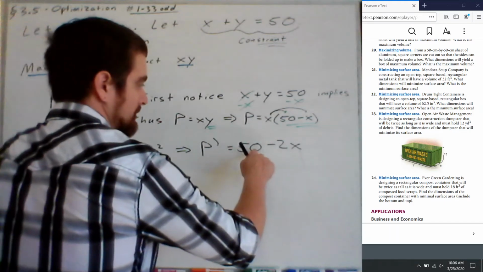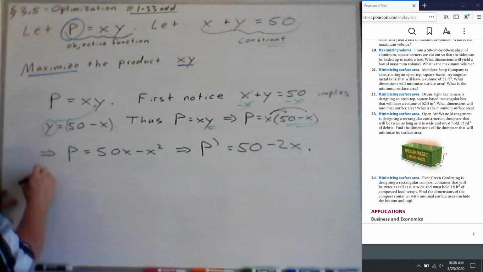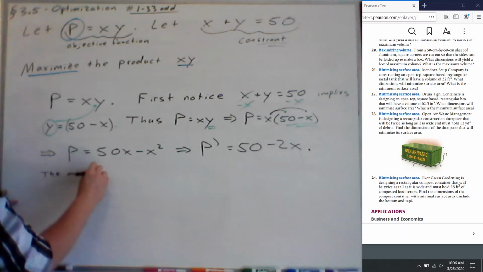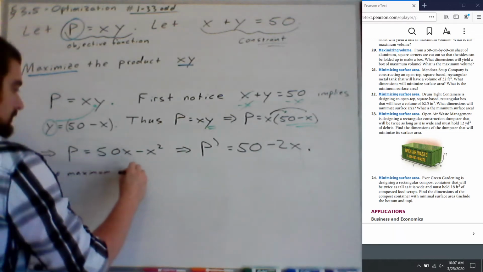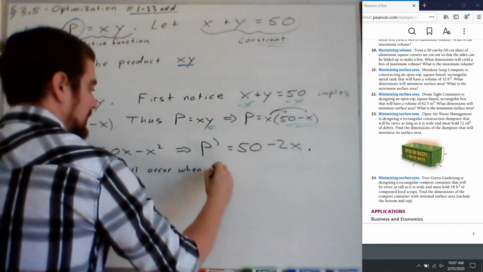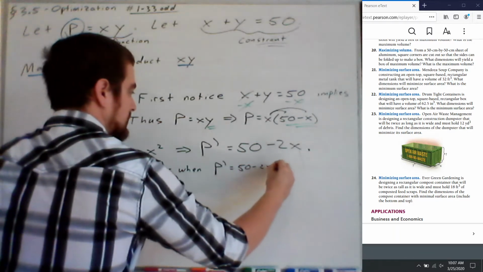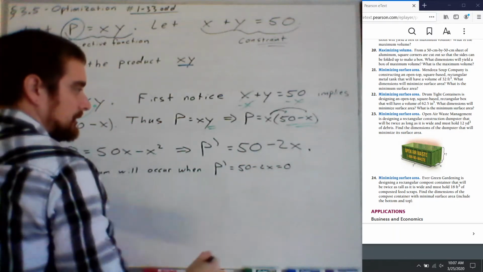And if I want to try and maximize this, then what I have to do is set it equal to 0. Maximum will occur when P prime, which is 50 minus 2X, is equal to 0.